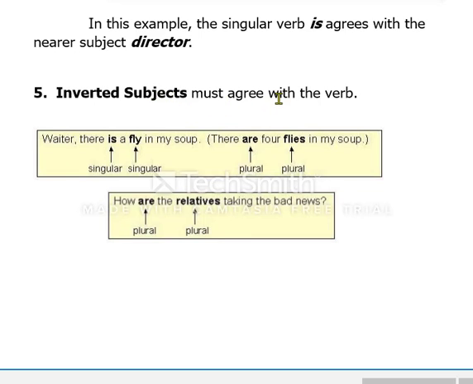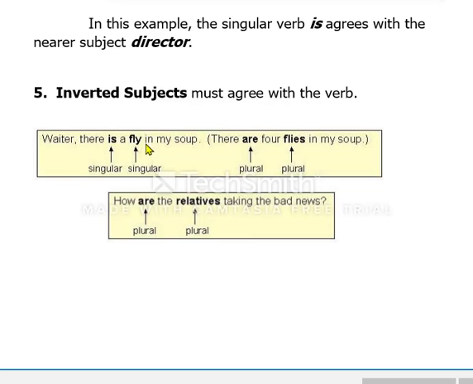Now come towards the next thing, and I think the next sentence will clear the first sentence as well. There are 4 flies in my soup. So inverted subjects must agree with the verb. What is the inverted subject?